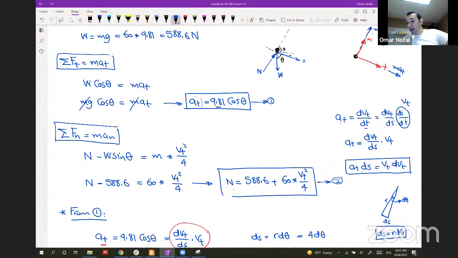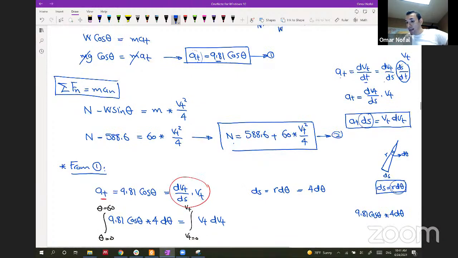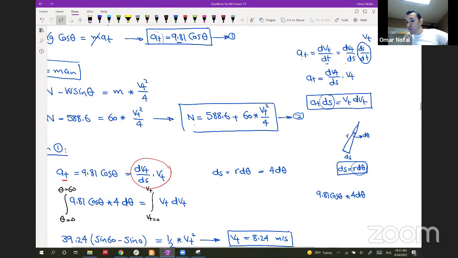So this is how we got ds, and then we have a tangent as a function of cosine theta, so 9.81 cosine theta multiplied by ds, which is r multiplied by d theta. So r will be 4 d theta, and all of this will be equal to vt dvt.